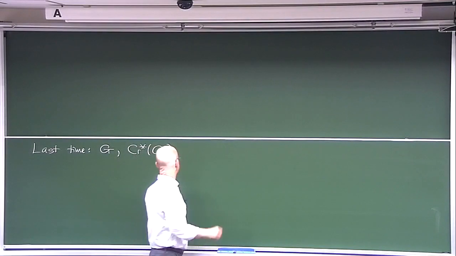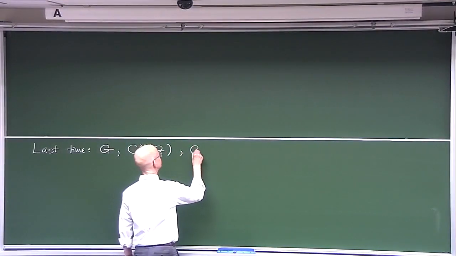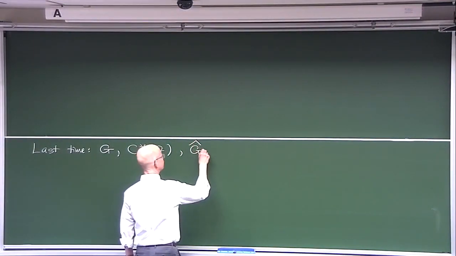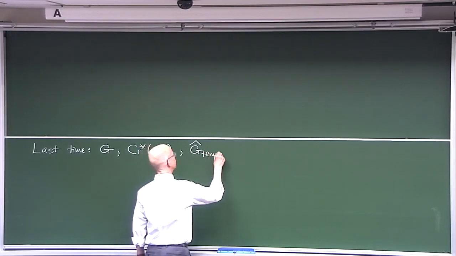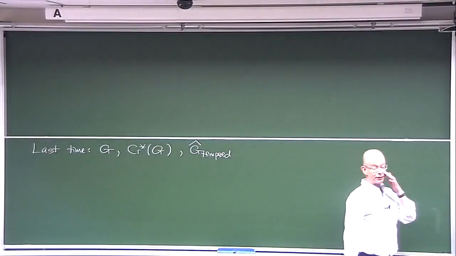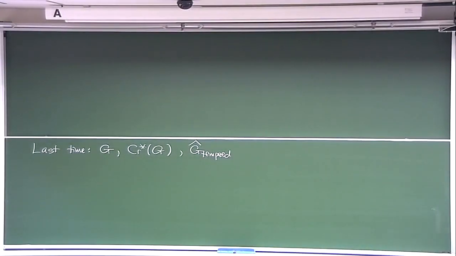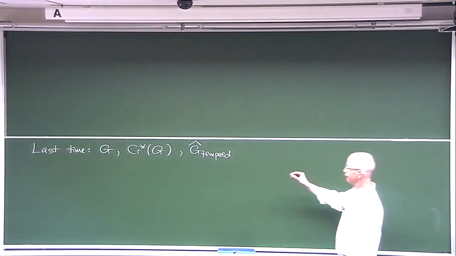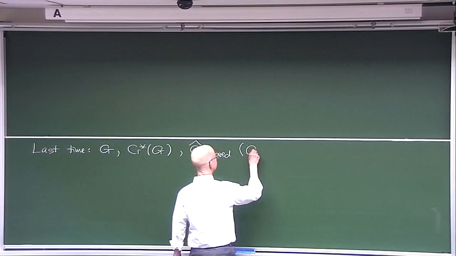And we talked about this group algebra of G, and we talked about its irreducible representations, which correspond to what we call the tempered representations, irreducible unitary representations of G. And so the goal of these lectures is to understand, maybe I should write it down here.